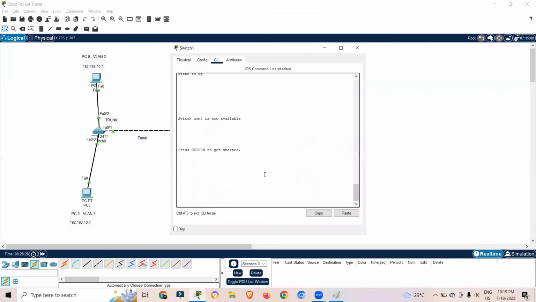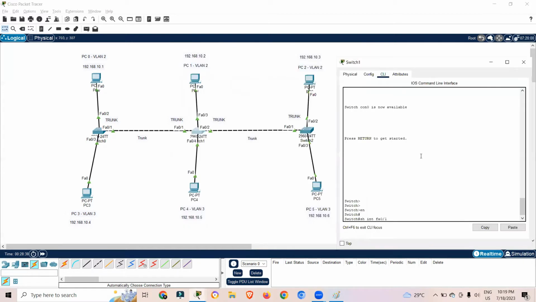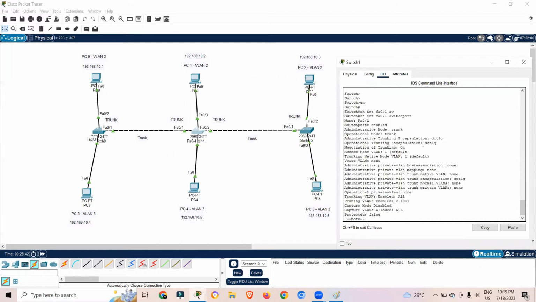Let me check the next one. Enable, show interface FA0/1 switchport. When I check the status, I will see that the administrative mode is trunk and the operational mode is also trunk, right?